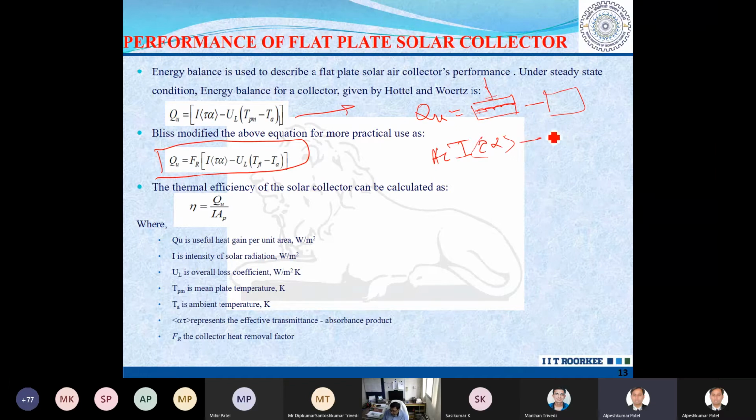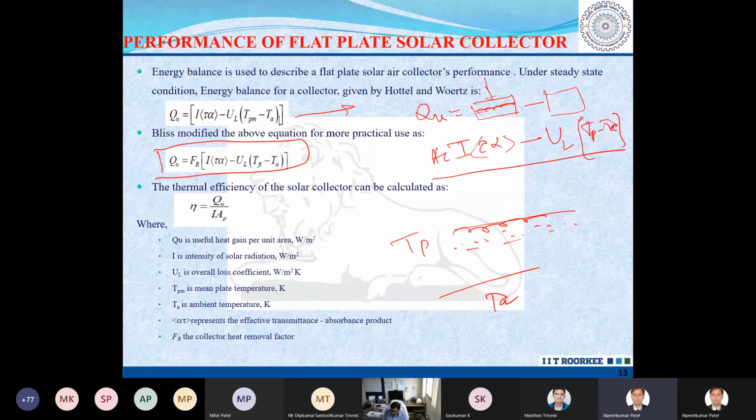The overall heat loss coefficient is UL, and it depends on the temperature difference, that is, the absorber plate temperature Tp and ambient temperature Ta, so the difference is Tp minus Ta. That is the net Qu you have utilized out of the incident energy.